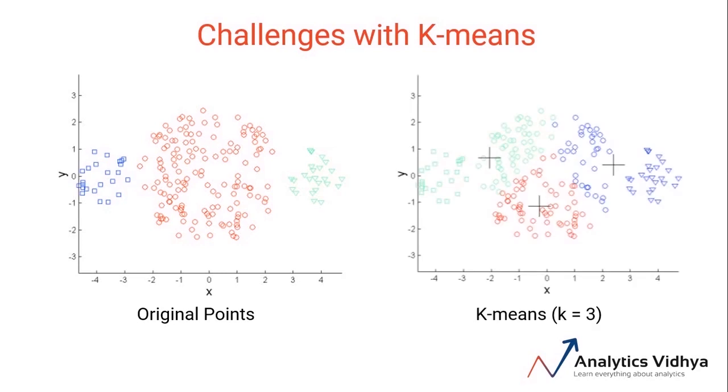We have 3 clusters here, and the shape of these clusters is almost the same. In the original figure on the left, the shape of the clusters is different, whereas when we applied k-means on these points, we got these shapes. This is the challenge with k-means. It always tries to make clusters of the same shape.